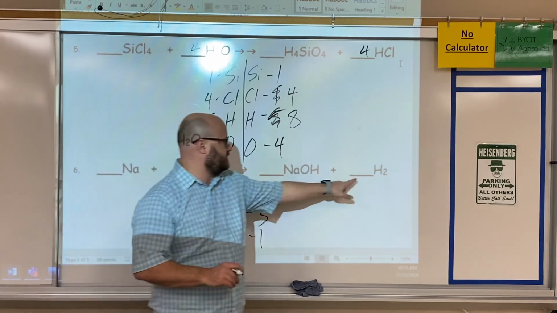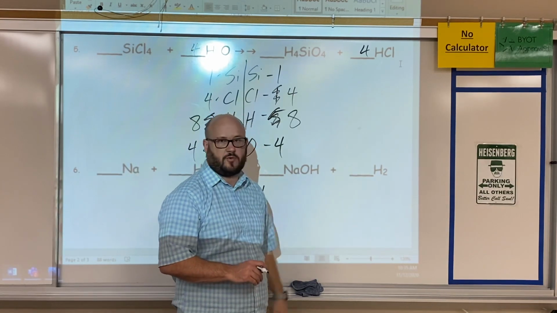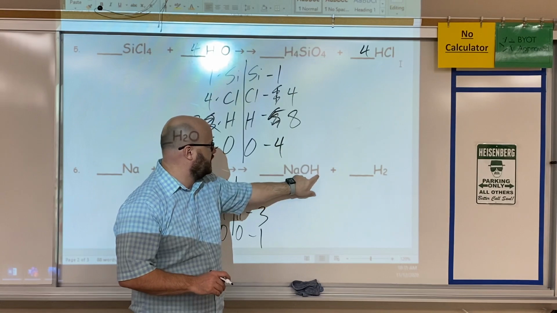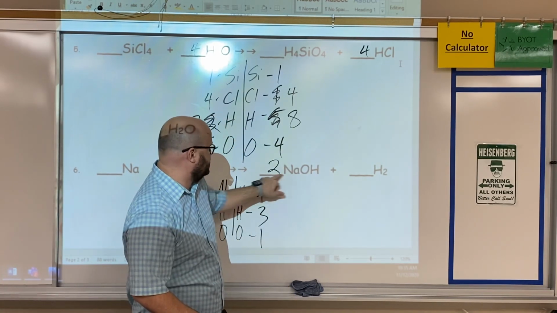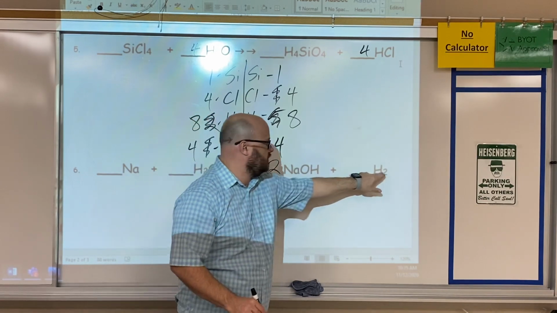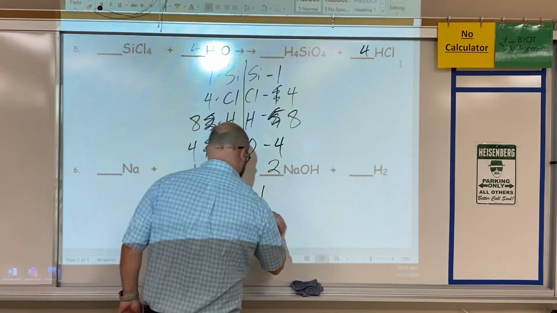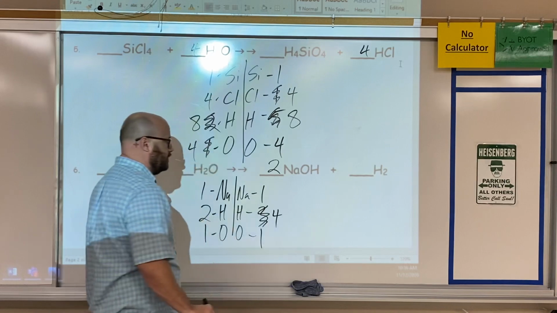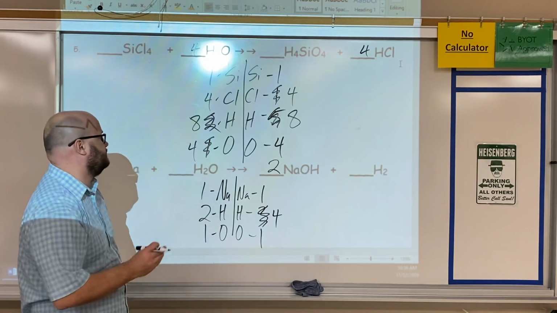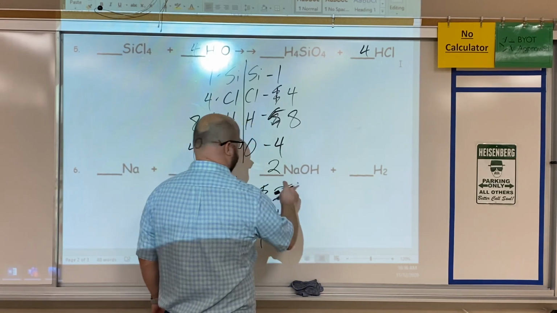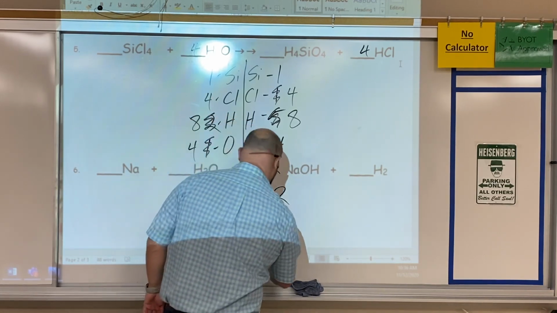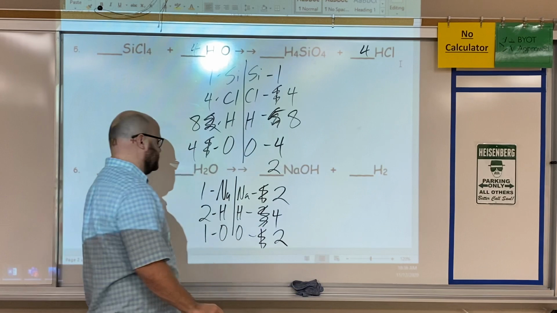Well, if you added something here, you're obviously going to make it more than 4. But what if you added a 2 right there? 2 times 1 is 2, plus 2 gives us 4. But that screws up sodium, changes that to a 2, and oxygen changes that to a 2 as well.